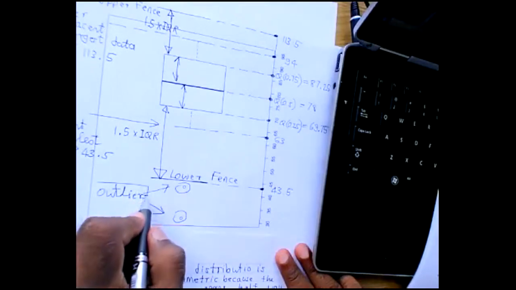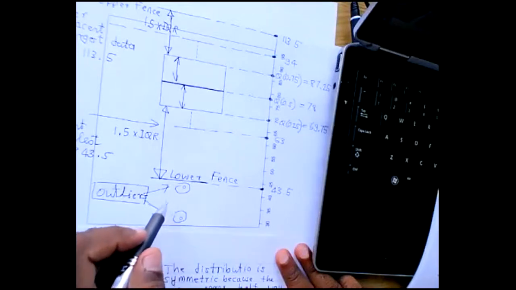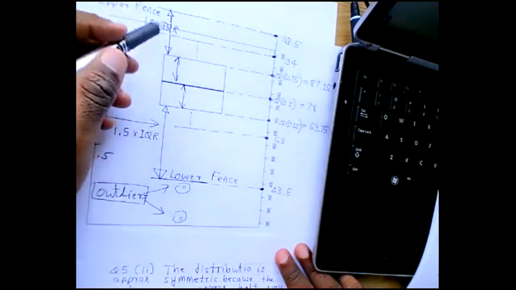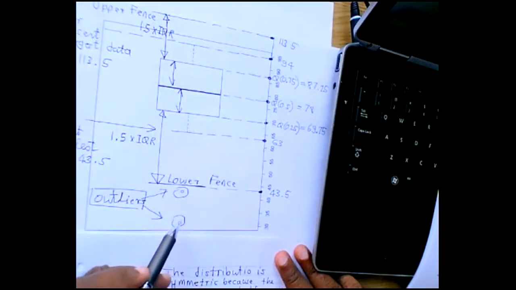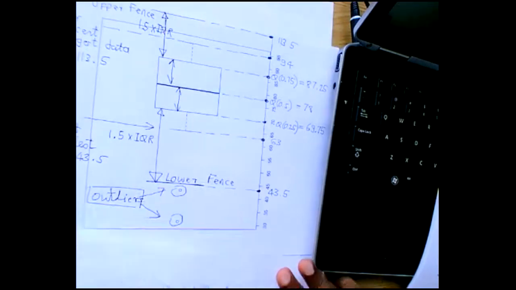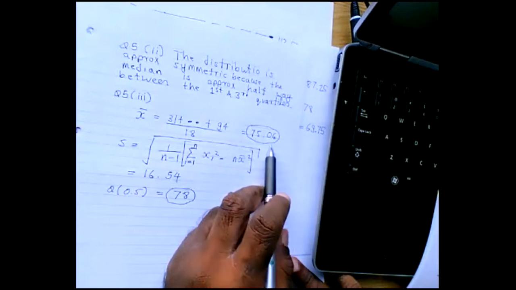Remember, the definition of an outlier is that anything below the lower fence or above the upper fence is an outlier. So in this case, you have two outliers, and these two outliers have the effect of pulling down the sample mean to 75.06.